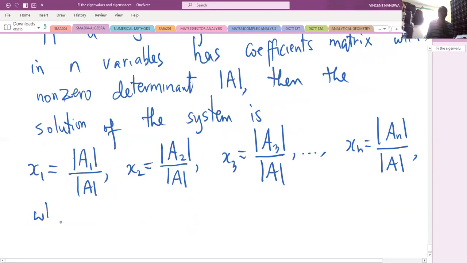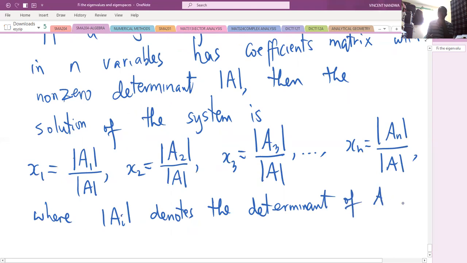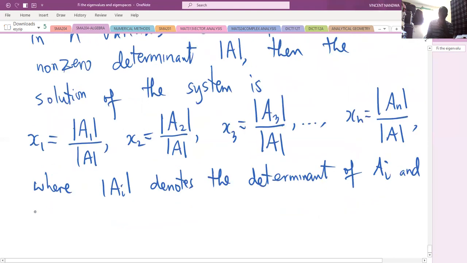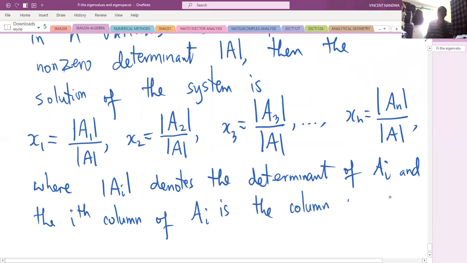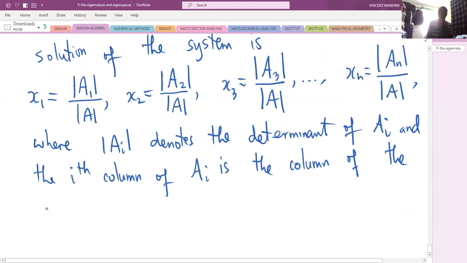where Ai denotes the determinant of the matrix Ai, and the ith column of the matrix Ai is the column of the constants in the system of equations.